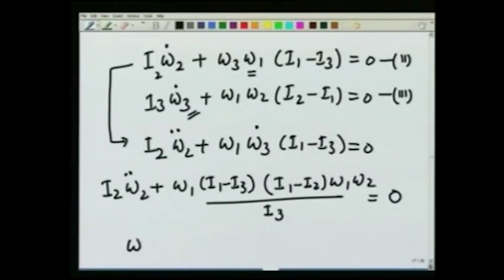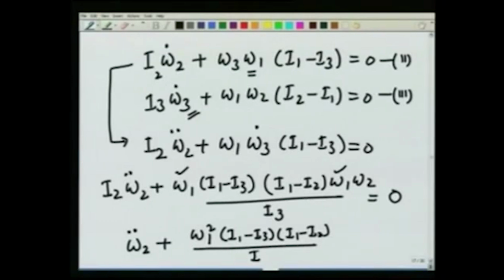So, the equation I get is omega 2 double dot plus omega 1 square, I have multiplied this and this, (I1 minus I3) times (I1 minus I2) divided by I3 omega 2 is equal to 0. This is the equation that determines time evolution of omega 2.